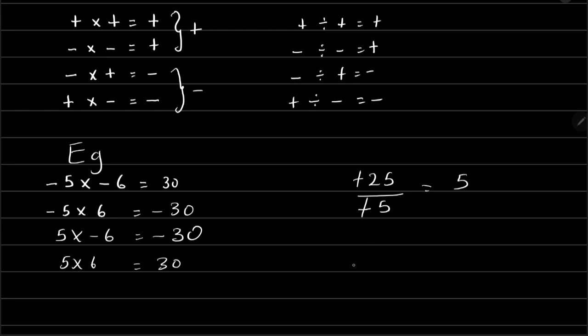Let's just say we had negative 42 divided by a positive 2. Once again, we divide the signs first. A negative divided by a positive would give you a negative, and 42 divided by 2 would give you simply 21.